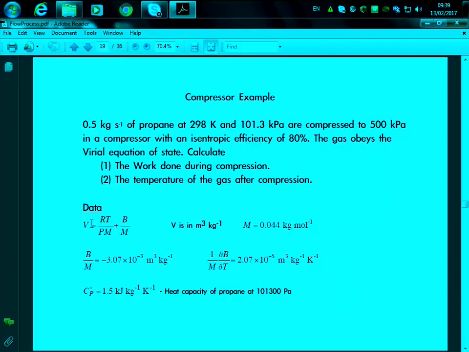If you were taking only this part of the equation, that would be the ideal gas law. But here we add a factor to account for certain non-ideal conditions of the system. The only thing that changes here is this B over M. So here we have the value for B over M, and then we have the heat capacity of the propane at this condition.